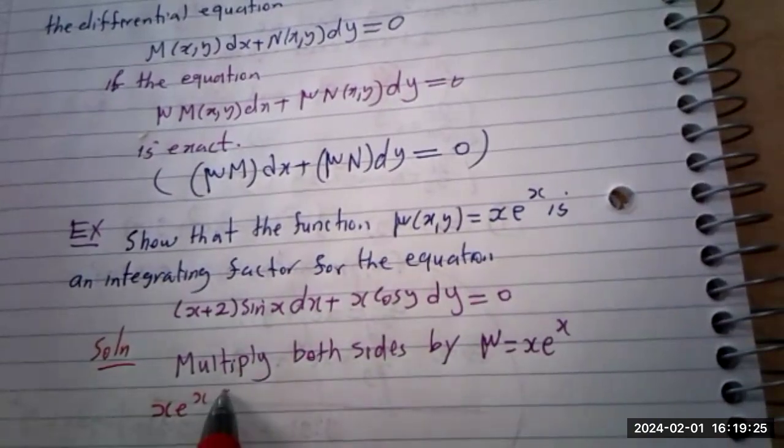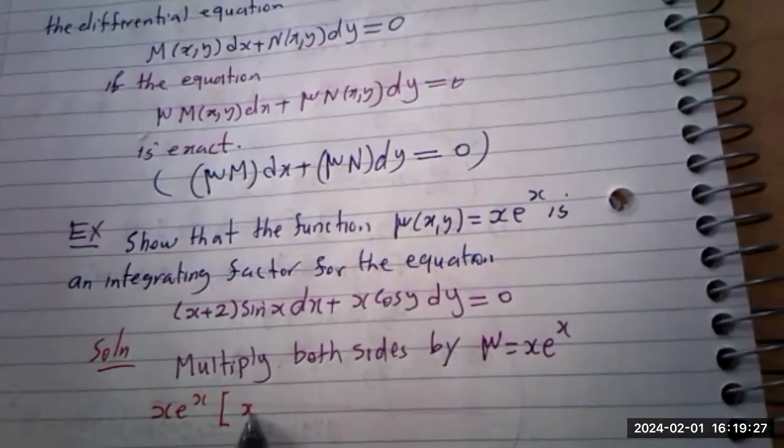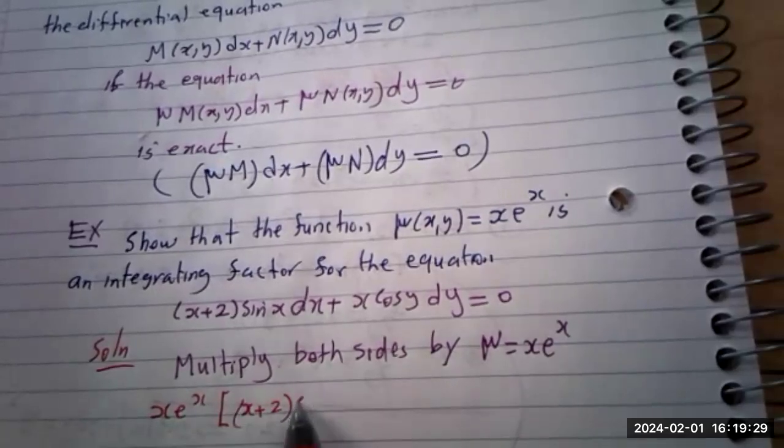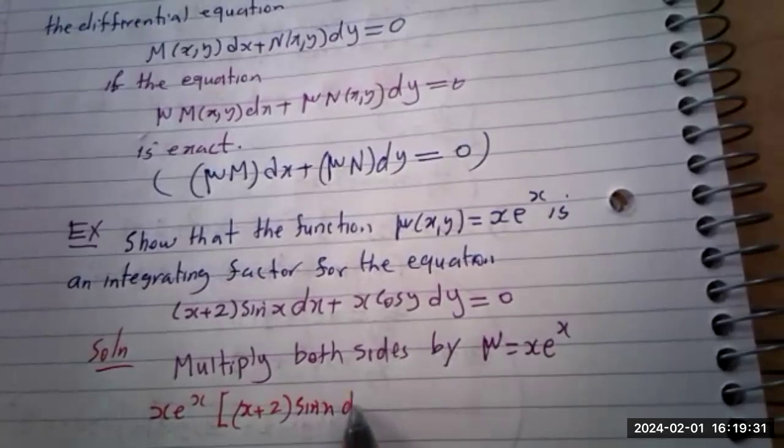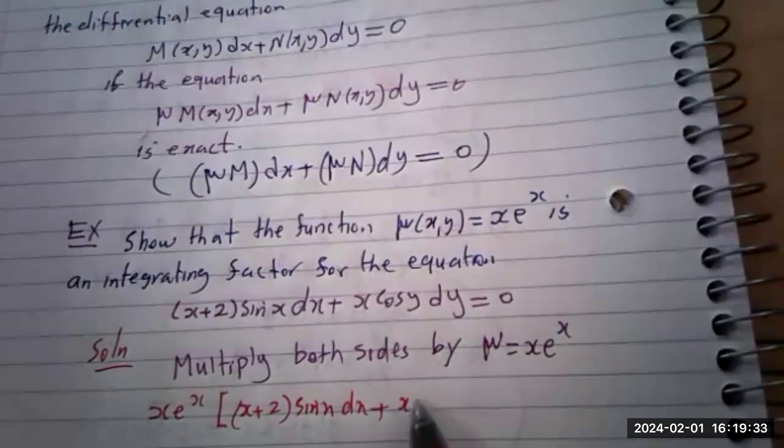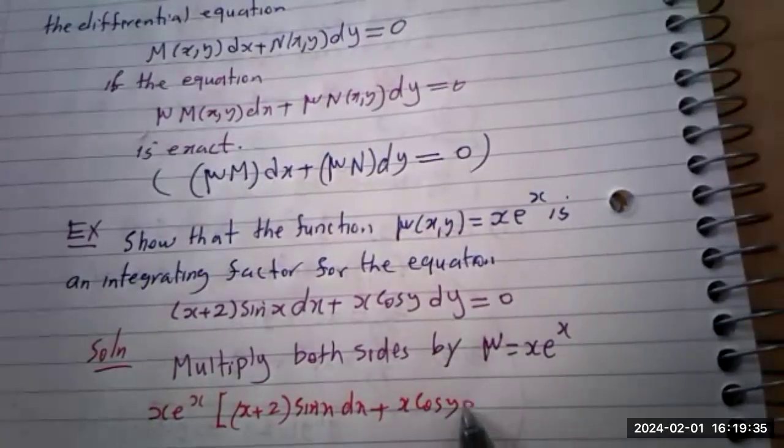I multiply it by x plus 2 sine y dx plus x cosine of y dy.